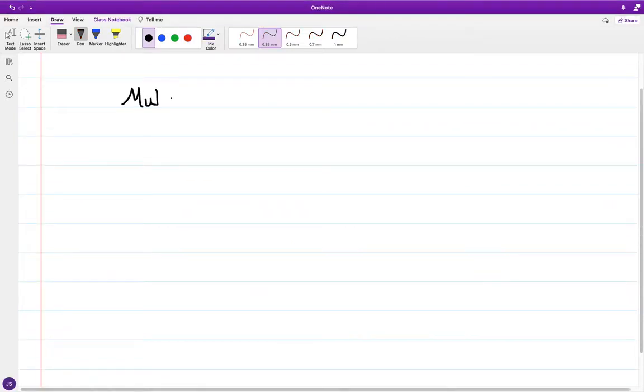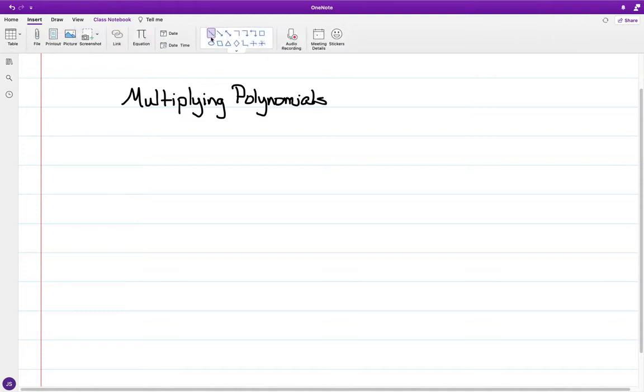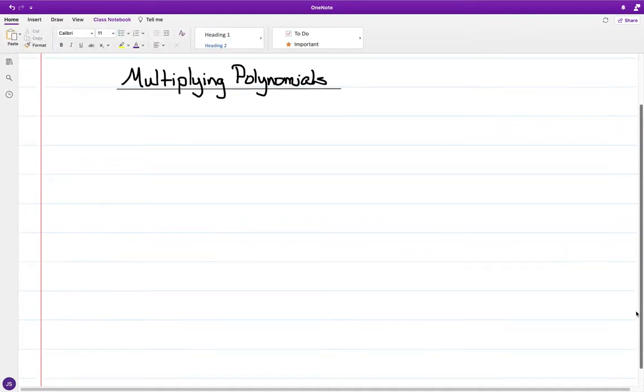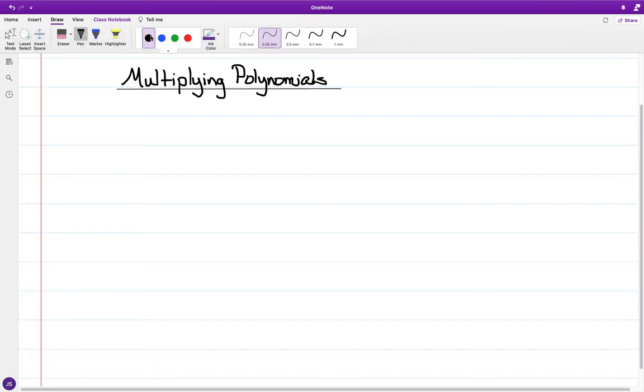So just to kick things off, if we look into multiplying polynomial expressions, there are various approaches you might take.